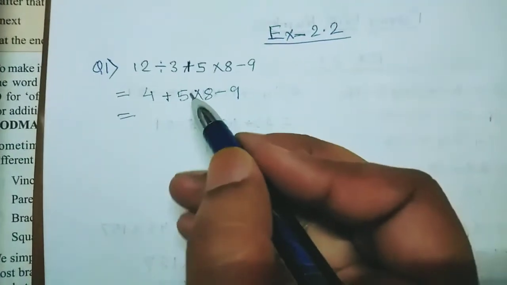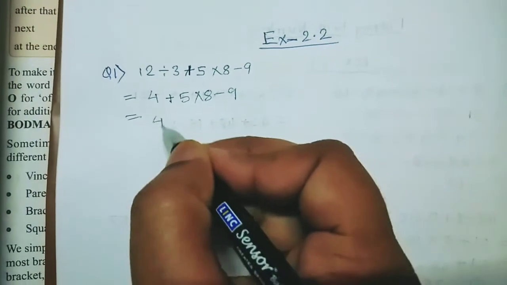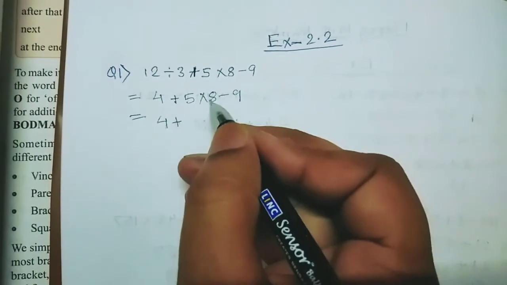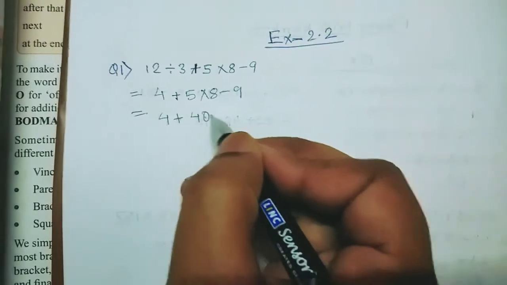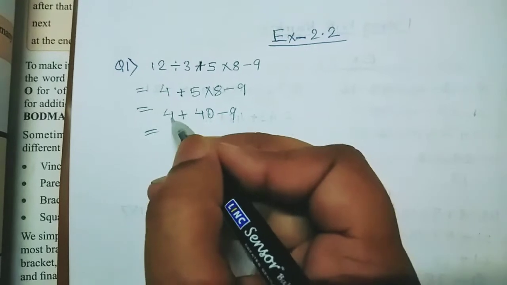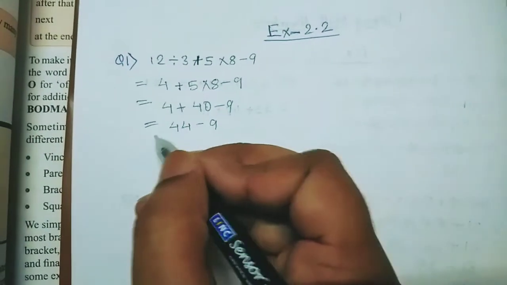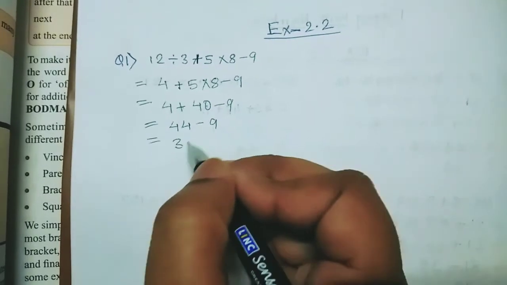Now we'll perform the multiplication, 5 into 8, which is 40. So 4 plus 40 is 44, minus 9. Then 44 minus 9 will be 35. So this is the answer.